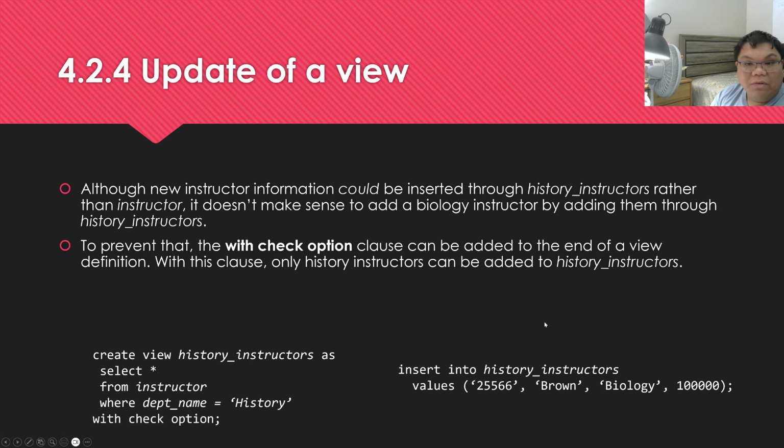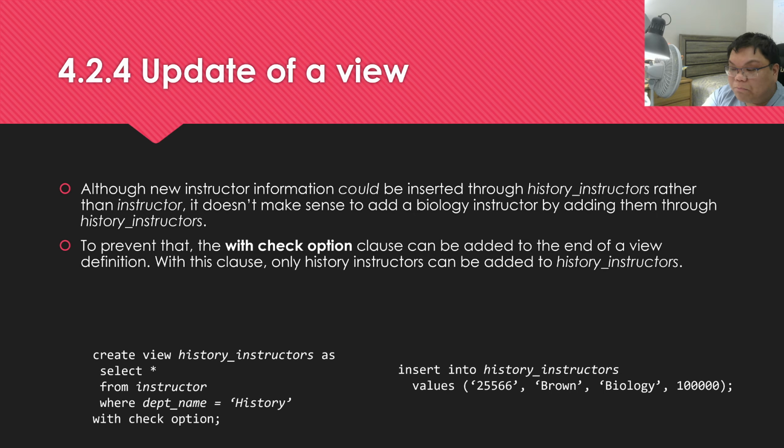So now, if we want to add Brown as a new biology instructor, it must go through the biology department. I'm assuming that there is an equivalent view for biology instructors. So create view biology instructors as select star from instructor where department name equals biology with check option.